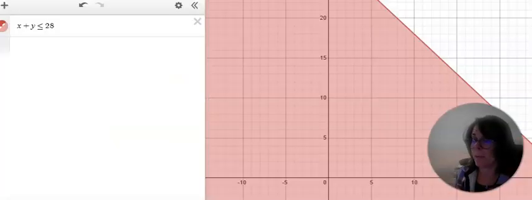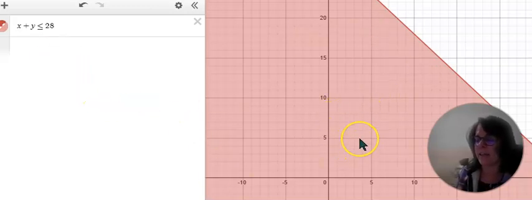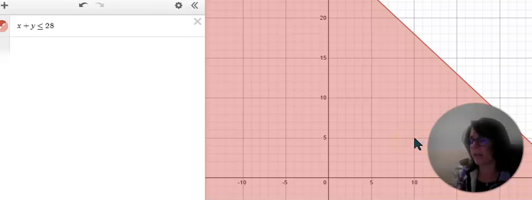All right, remember what we've learned about graphing inequalities. X plus Y is less than or equal to 28. The solutions to this inequality are everything in this pink shaded area, every single point. That means there are an unlimited number of options here. For instance, this point is the point (10, 5). So if X is 10 and Y is 5, that's a solution.